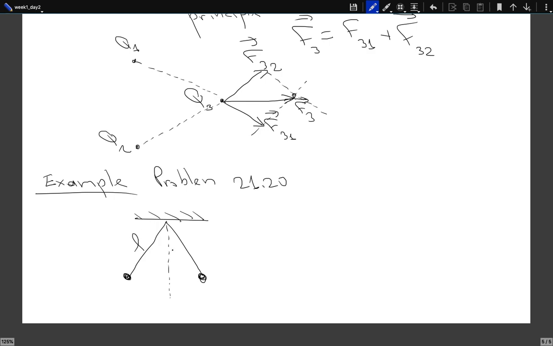And the lengths of the ropes are identical. They are charged. So if I have such a configuration, can you say anything about their charges? Will they be the same or opposite? I can say that they have the same charge, same sign.